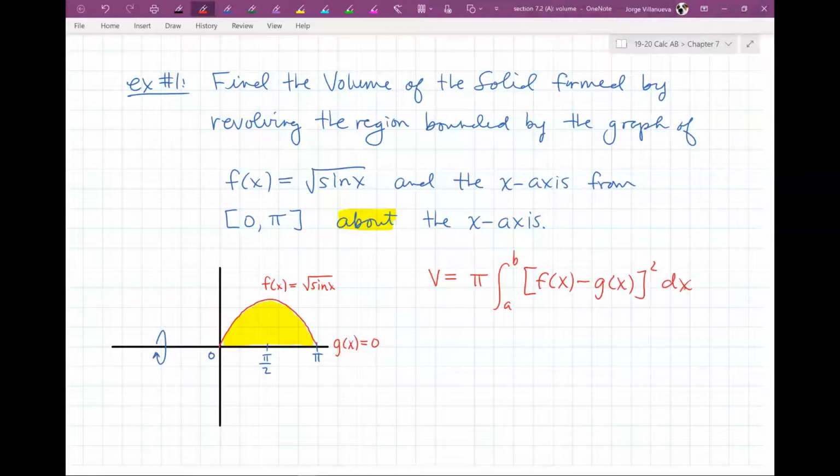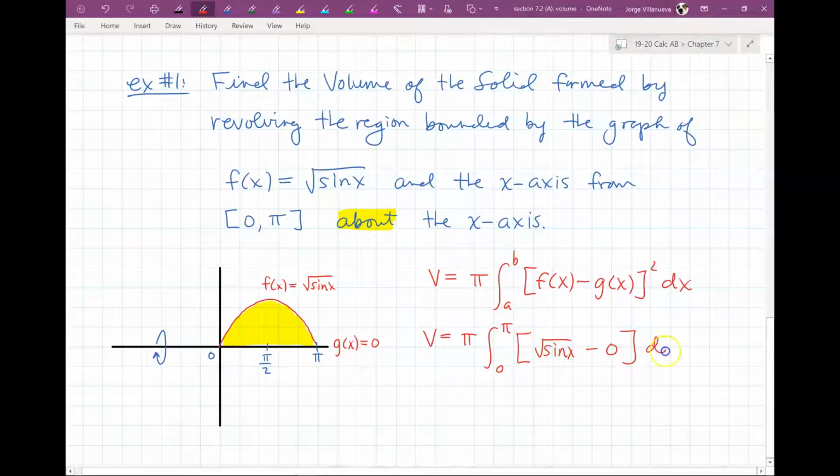If it was spinning vertically on a vertical axis, then I'd have to find g of y, f of y, dy. I'd have to solve for x in my original equations. Here I'm going to leave it the way it is. Now let's fill in the information. V is equal to pi integral from 0 to pi of radical sine of x minus 0.